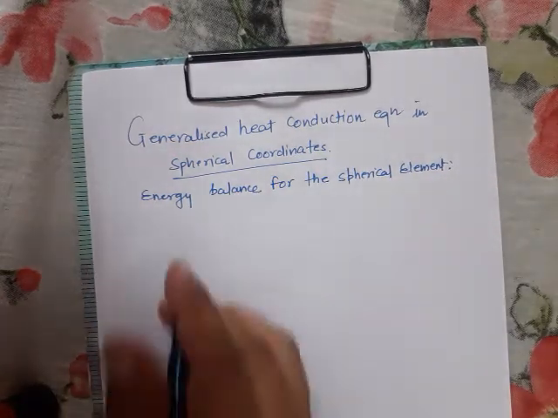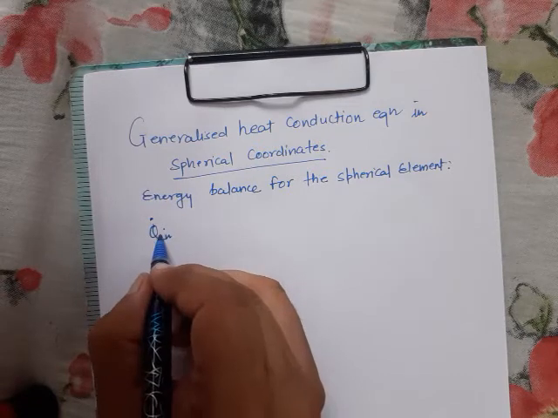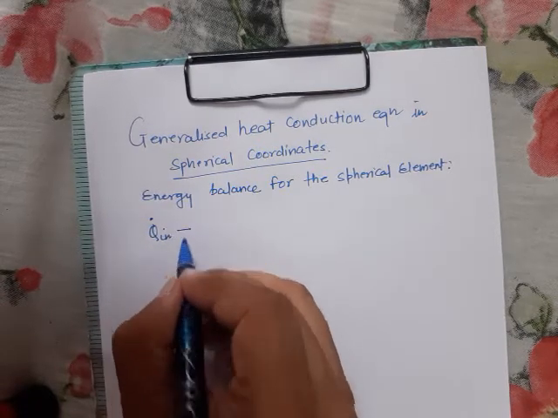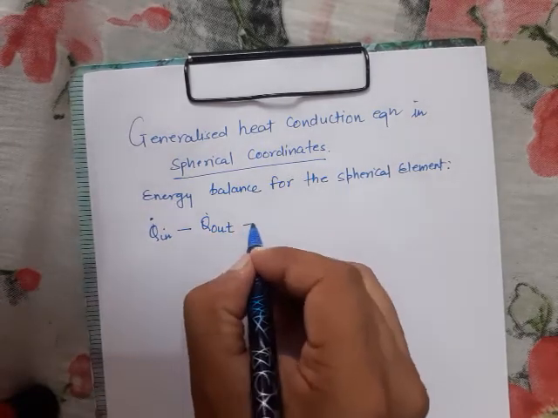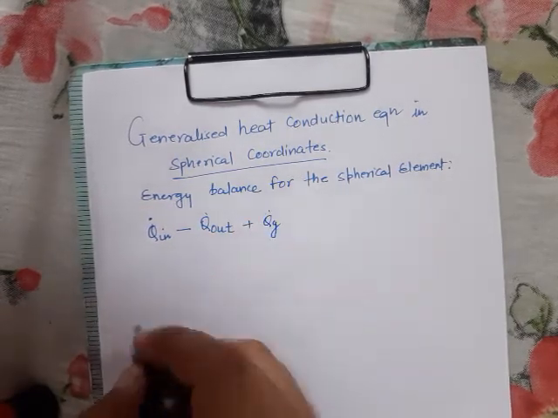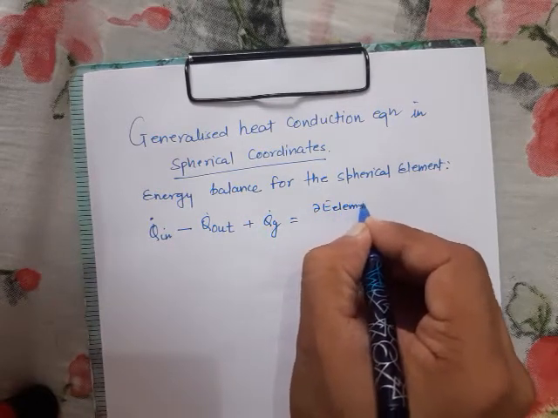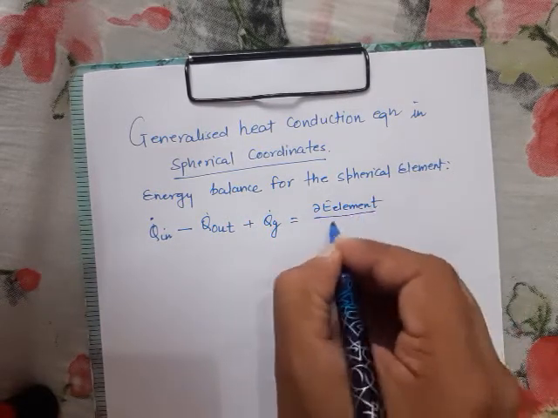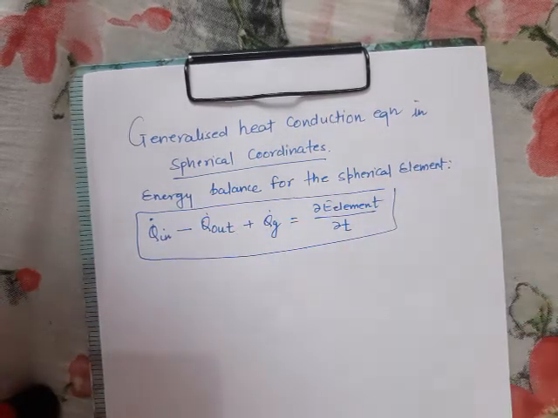Energy balance for the spherical element yields, again, Q in, the rate of heat conduction into the element, minus the rate of heat conduction out of the spherical element, plus the rate of heat generation within the element, must be equal to the rate of change of energy of the element with respect to time. This is a simple energy balance for the element.